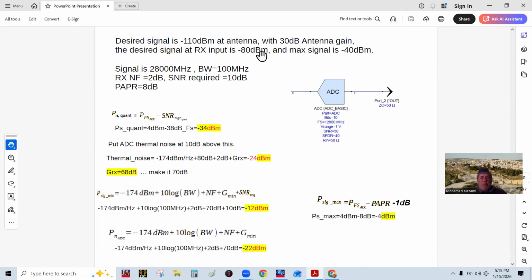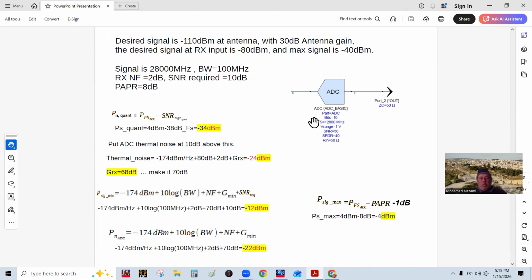So let's see. Now let's do a little computations. So basically what I'm going to do, minus 80 dBm. The ADC is with this specs, and the range is 1 volt for the full peak. So therefore, the full scale for this device is plus 4 dBm. So the first thing we want to do is, given that the SNR for the ADC is only 38 dB, that means the quantization noise of this guy is at minus 34 dBm, which is very critical because that's not a whole lot of dynamic range.